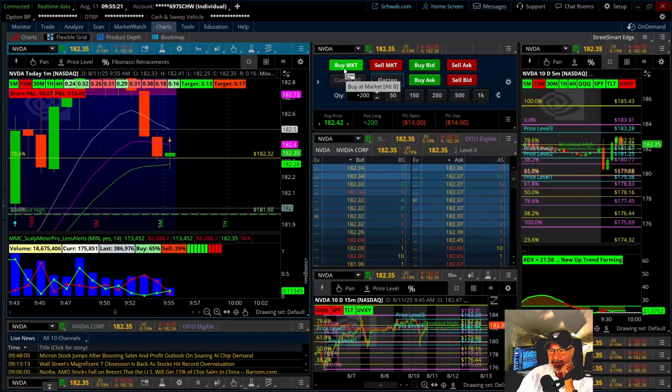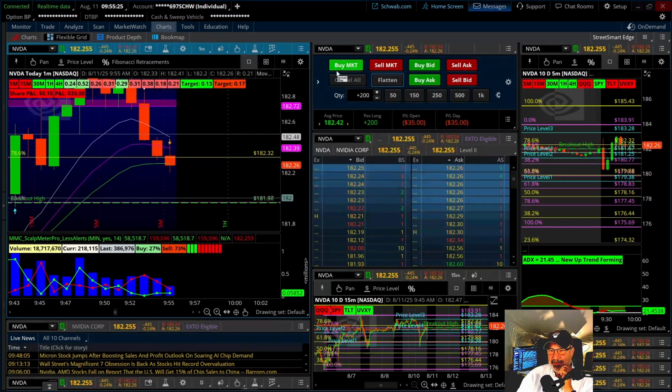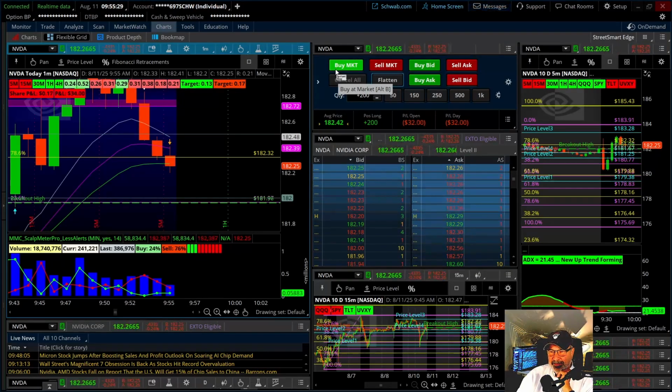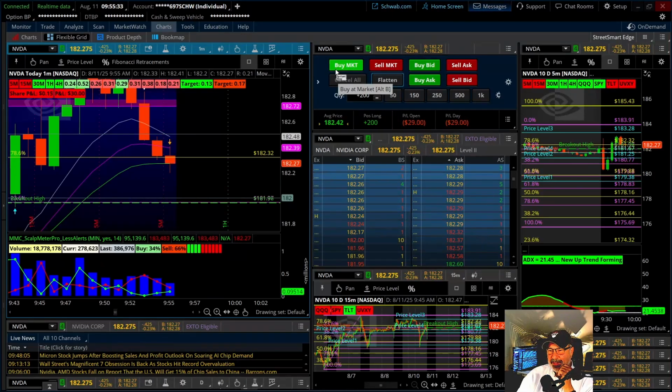Almost did it. I almost doubled down right at that level, but it wouldn't have picked me up probably. I went to half my share size is what I mean by that. Really respecting that fib.